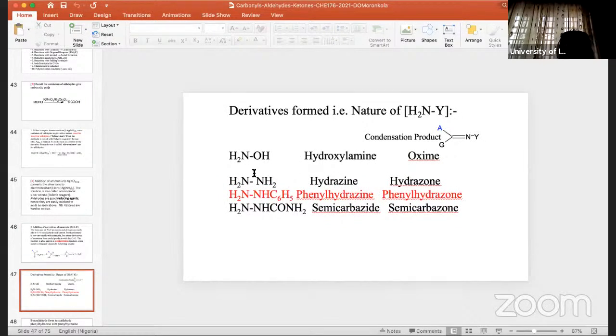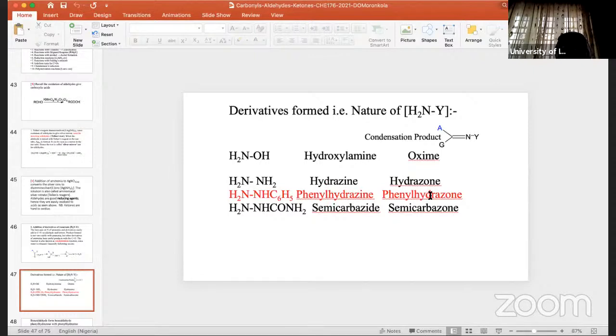When the Y is another NH2, that reagent is referred to as hydrazine, and the final product is a hydrazone. I want you to write definite structures to show this. And if on the hydrazine, one of the hydrogens is replaced by a phenyl group, an aromatic C6H5, then it is referred to as phenylhydrazine.